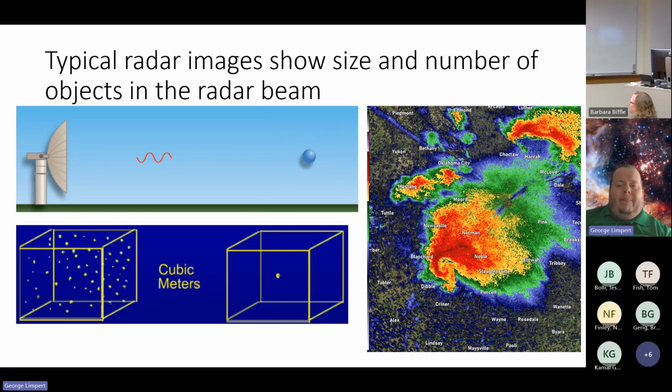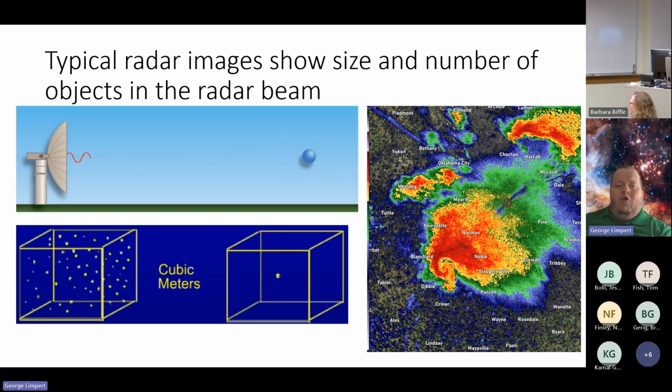The pulses hit whatever's in the way of the radar beam, whether it's birds, insects, cloud droplets, raindrops, hail, something like that. They bounce off those, and the pulses get scattered in all directions. Some of that gets bounced back to the radar.